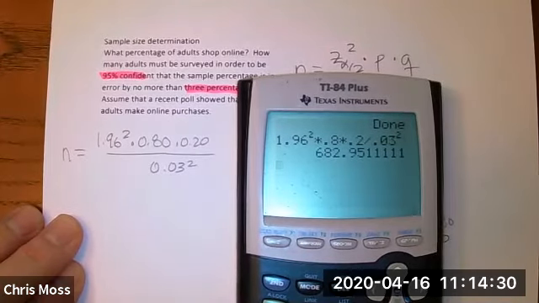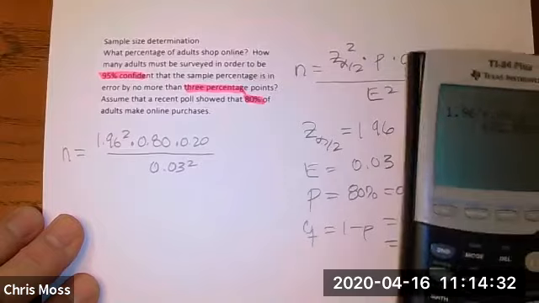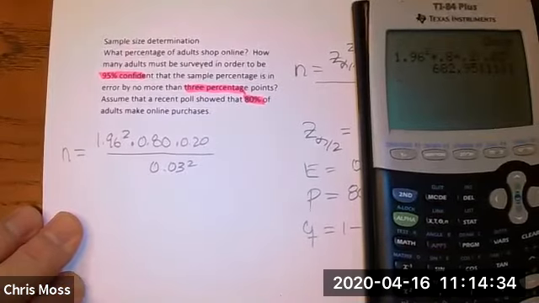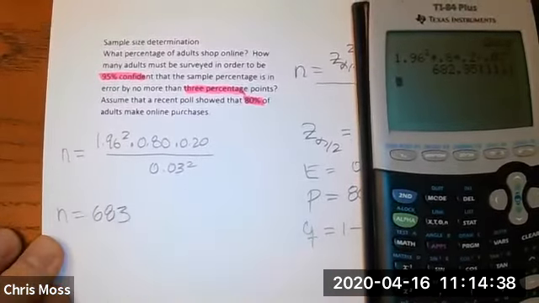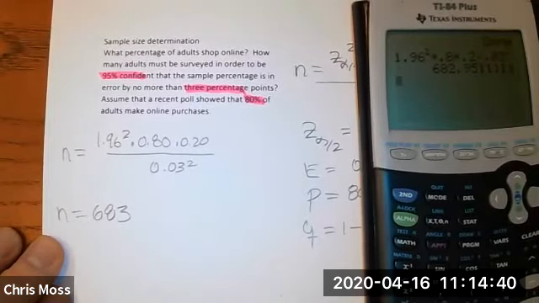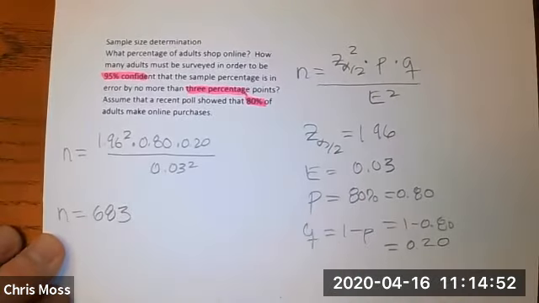So 682.95 and some change. 683. So the sample size that we will shoot for is 683 individuals in our sample. And I will note that all of this is done prior to any sample being taken. You really need to determine how much data you need before you go out and look at that.